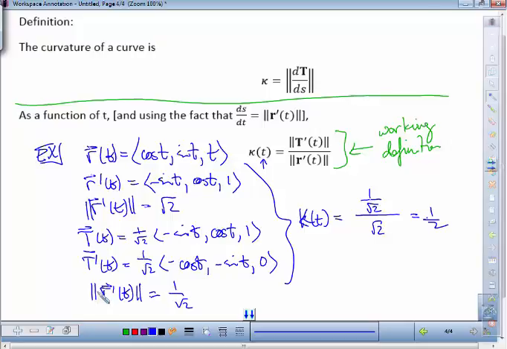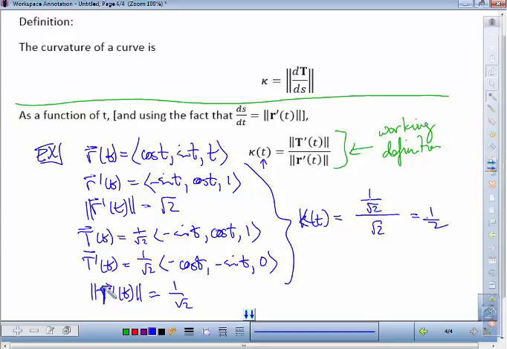T prime? I think that's what I meant to write. All right, well, if it's right, it's right. We can move on. It's probably not right, but we'll move on anyways.